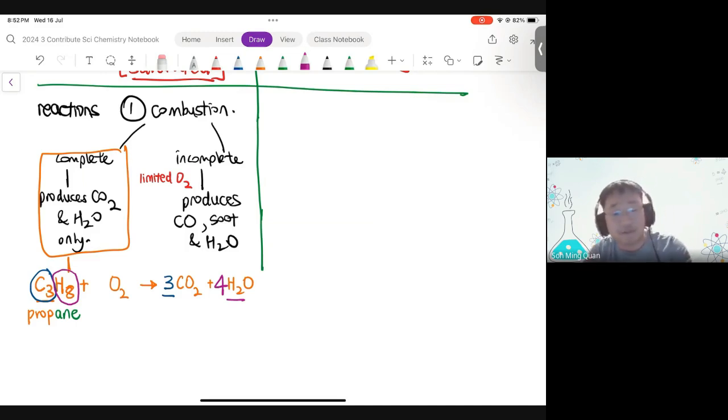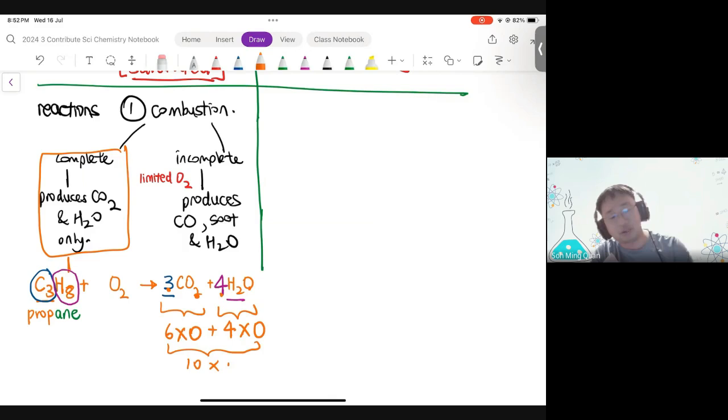Now, the last step really is to ensure you count the oxygens carefully. 3 CO2. 3 times 2 equals 6 oxygen. 4 H2O. 4 times 1, 4 oxygen. 6 plus 4 oxygen is 10 oxygen.